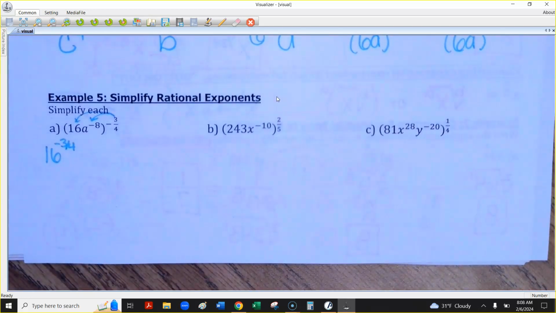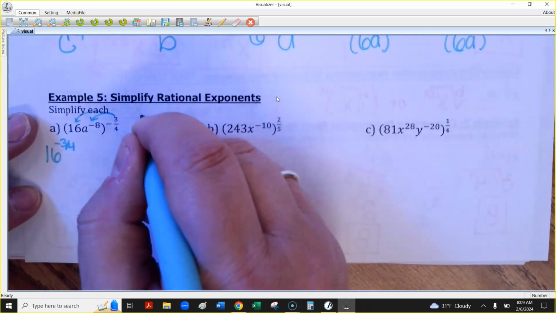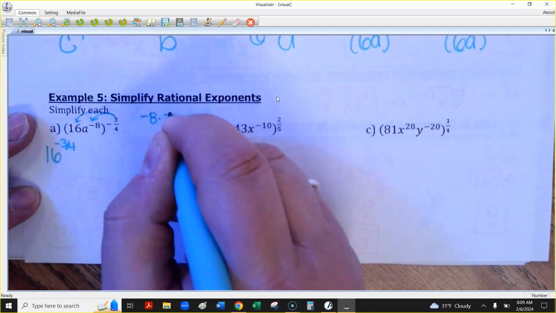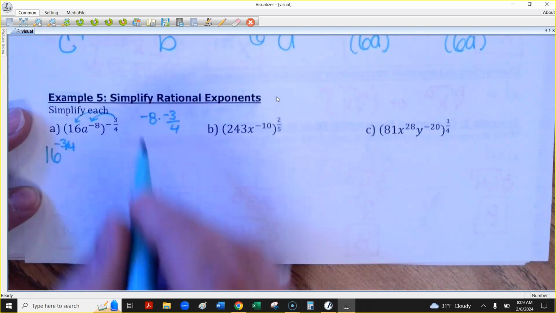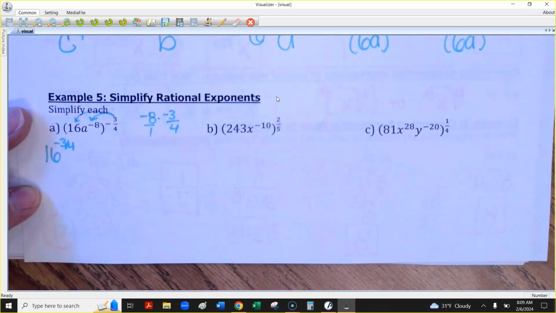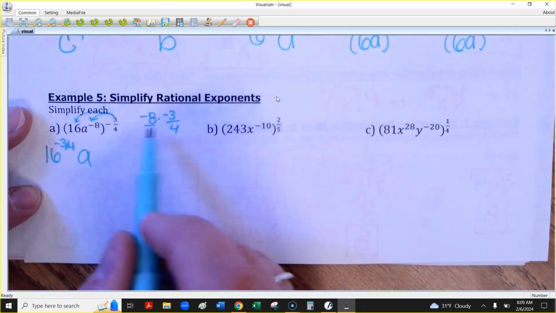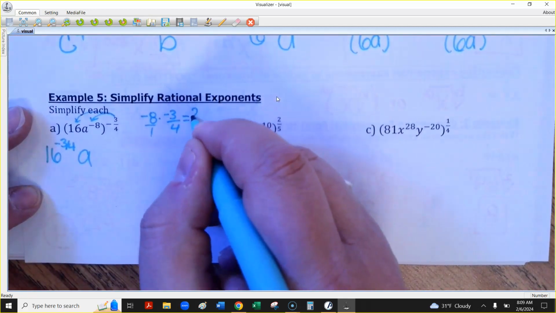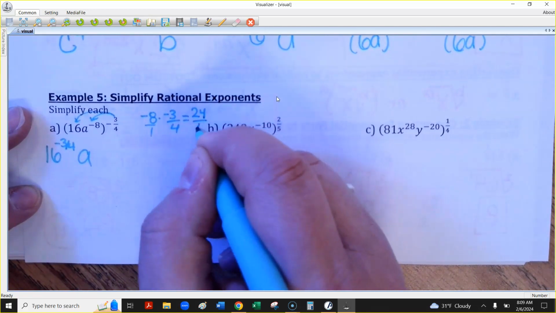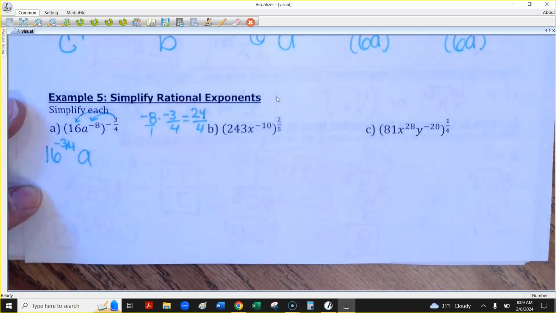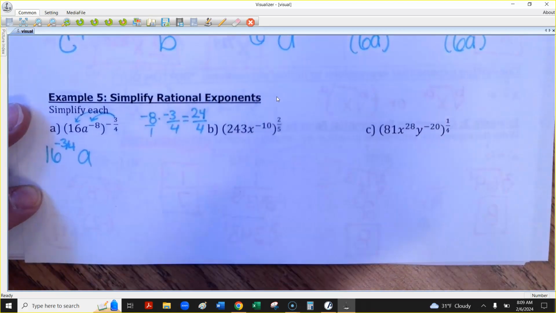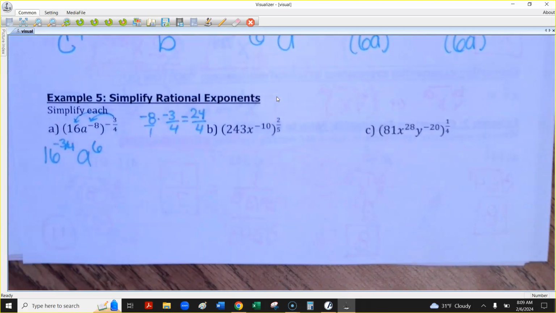When I work with the a, we've got a power to a power, so I'm going to take that -8 times that -3/4. If it helps, you can line them up and write -8/1. But my a is going to end up with positive 24/4, because when I multiply those exponents, I have a negative times a negative. So 24 divided by 4 is actually a nice number. That's a to the 6th.